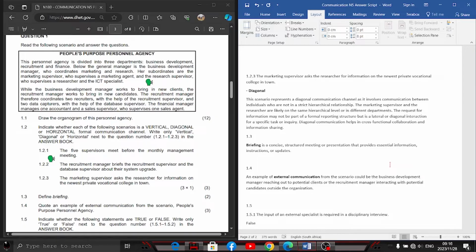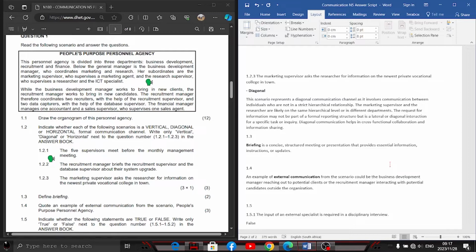Remember, anything that has to do with external means it is outside of the organization. Internal means it is happening in-house. So if one of the supervisors is communicating with one of the managers, then it is internal communication because it is happening in-house, right?